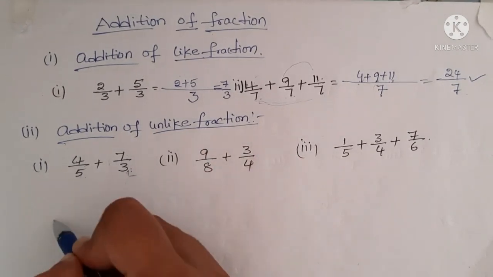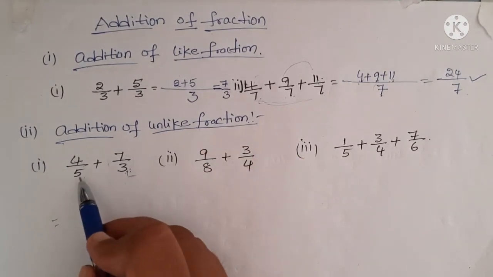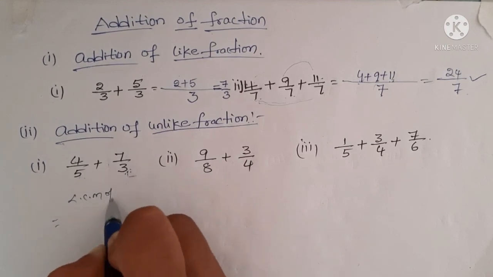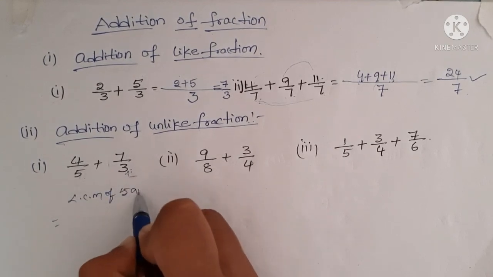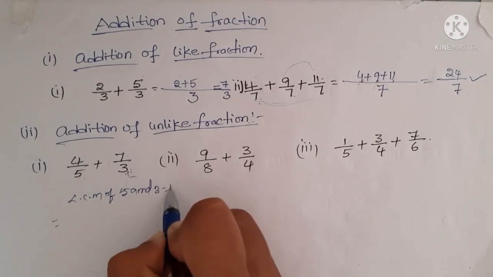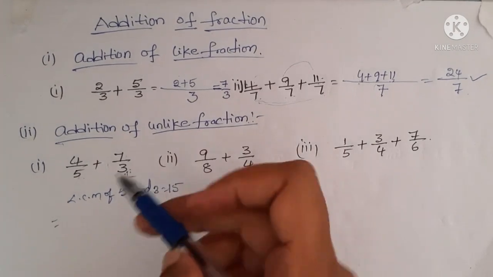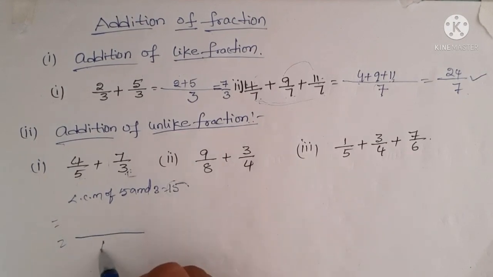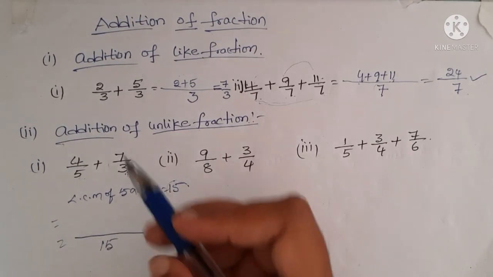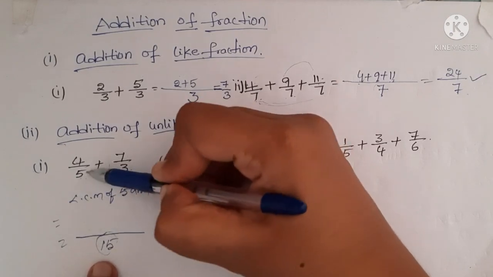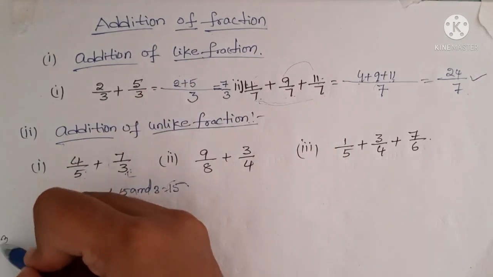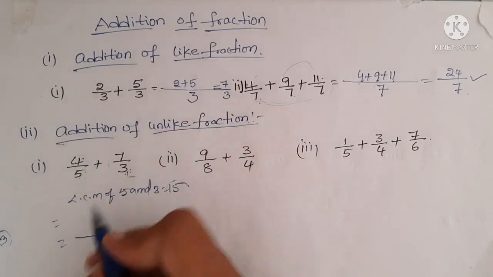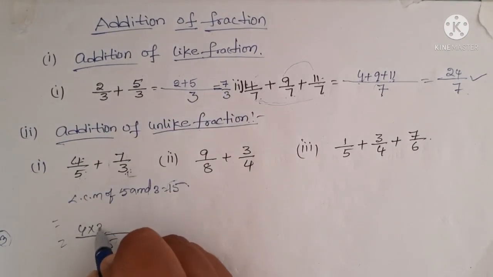See here, first we have to find the LCM of the denominators. What is the LCM of 5 and 3? It is 15, right? And now this 15 goes here in the denominator place. First, 15 is divided by 5. What will we get? 3, right? So this 3 is multiplied with the numerator, that is 4 into 3.